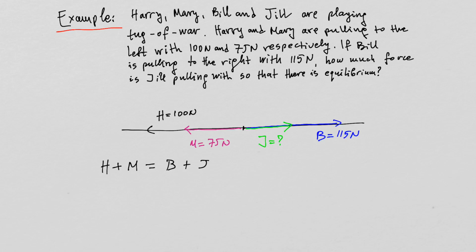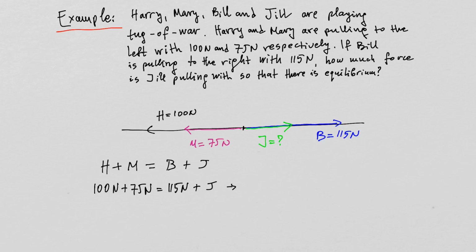Okay, so I know all the forces except for the force that Jill is pulling with. So I'm going to replace those values in this equation. And so we have that 100 newtons plus 75 newtons is equal to 115 newtons plus the force with which Jill is pulling on the rope.